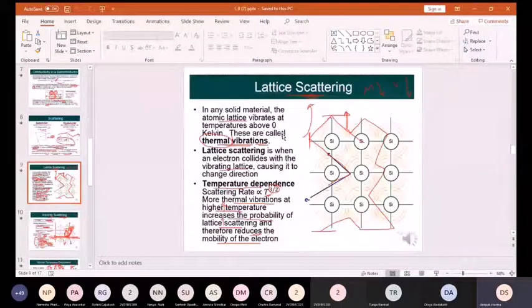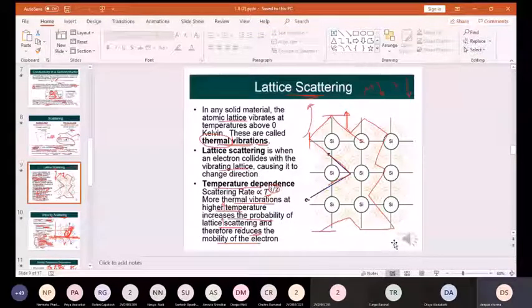So we had basically two types of scattering. The first scattering was lattice scattering, wherein the carriers simply collide with the atoms in a lattice, right? And that type of scattering is called lattice scattering. And we had one more scattering, called impurity scattering, which happens in the extrinsic semiconductor material.